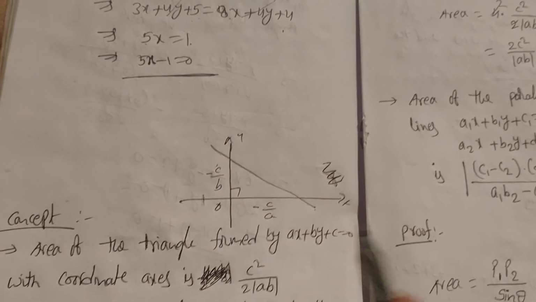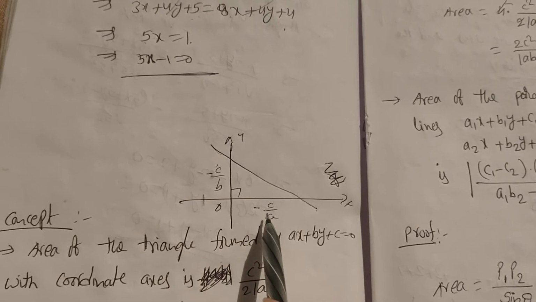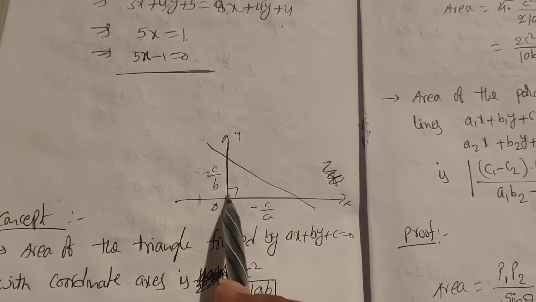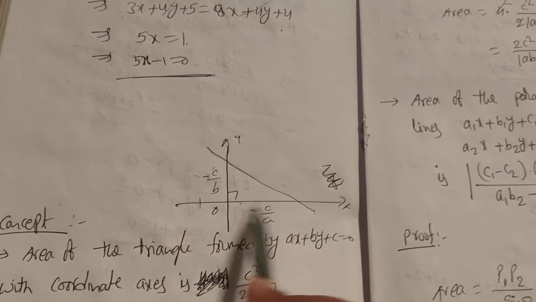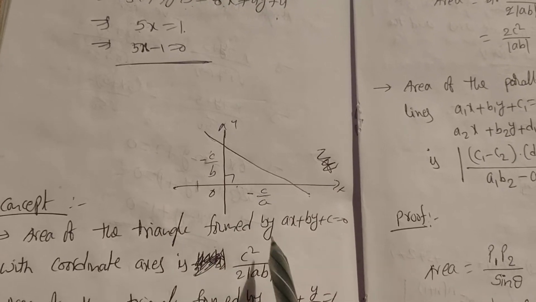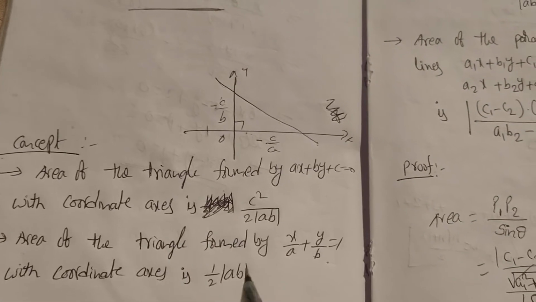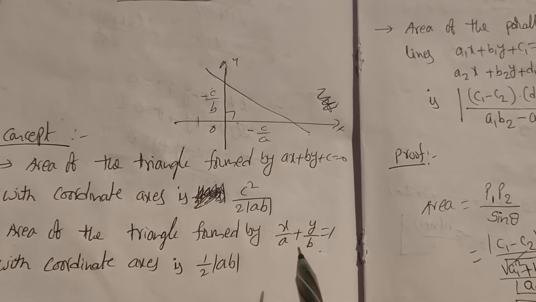So this is 90 degrees. So half into modulus of perpendicular distances. This is the right angle triangle. Half into modulus of minus c by a into minus c by b, that gives c square by 2 into mod ab.